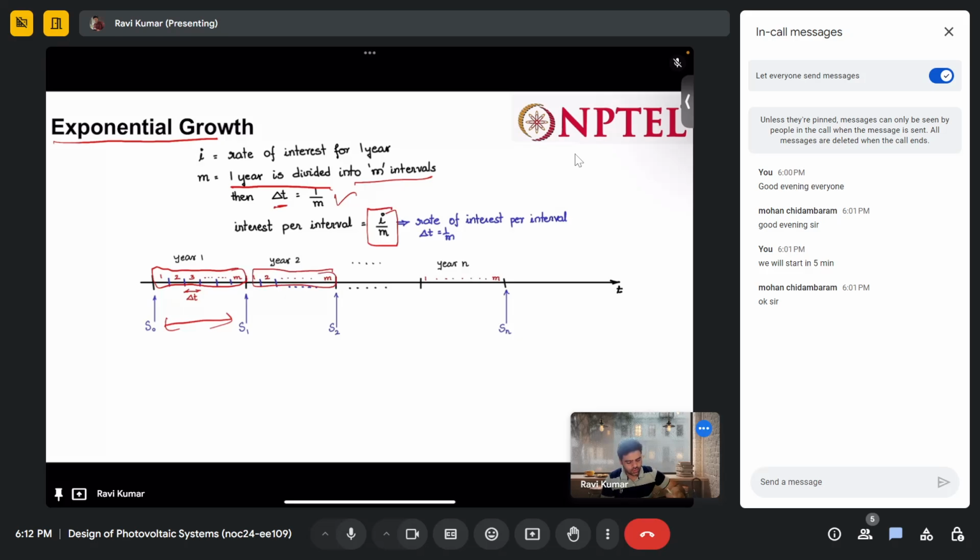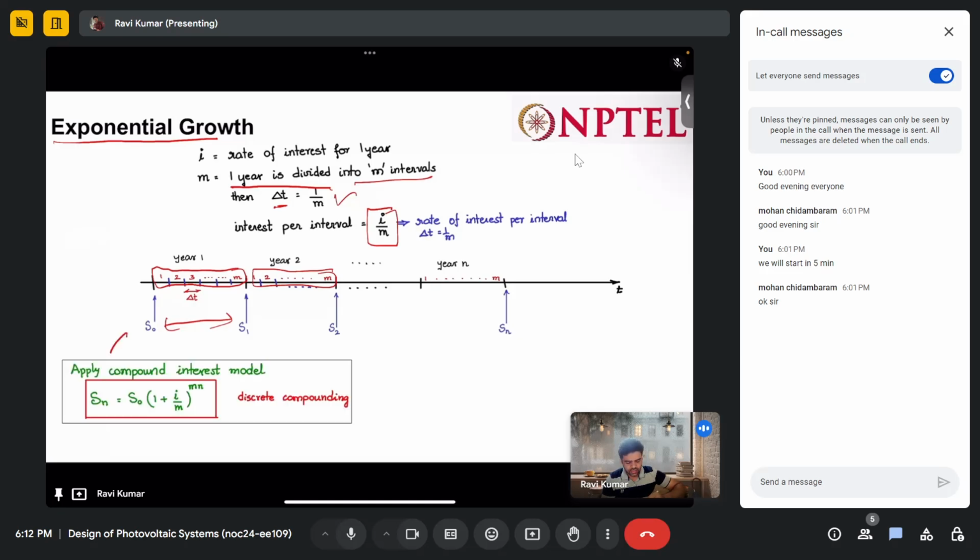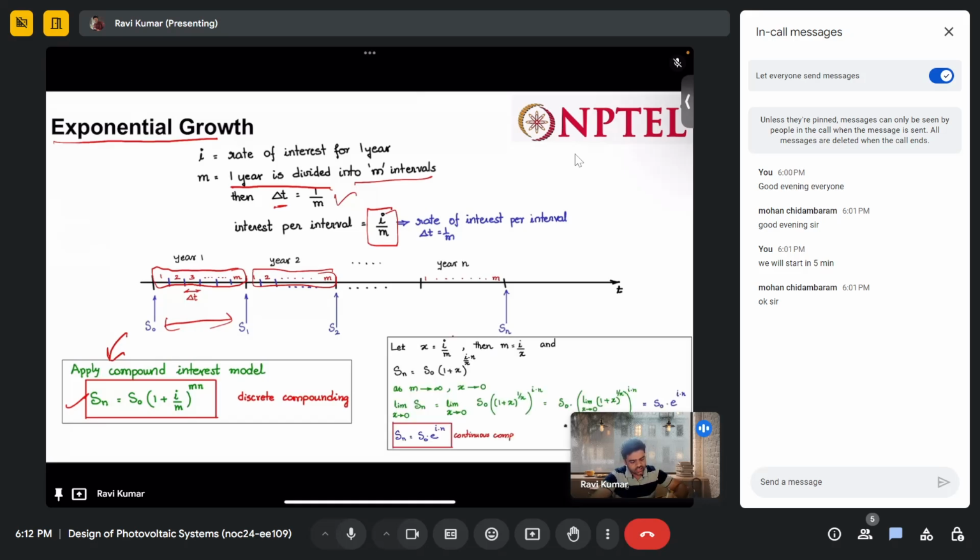and then if we apply the compound growth model, we get this particular Sn, same thing which we have seen in the previous slide. And let's say this x is I by m and m is equal to I by x.